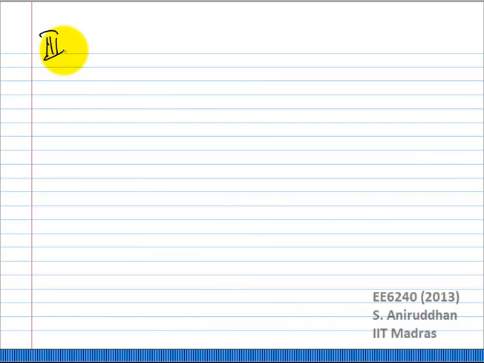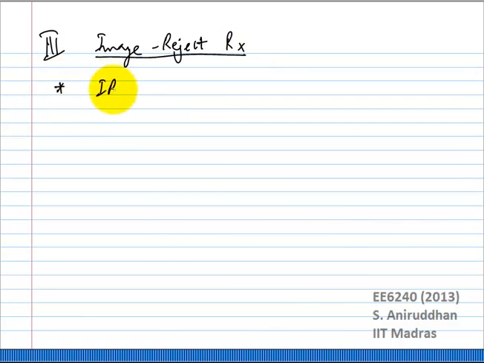I'll call this section image reject receivers. And the motivation for this is that the IRF is off chip, bulky, 50 ohm interface.